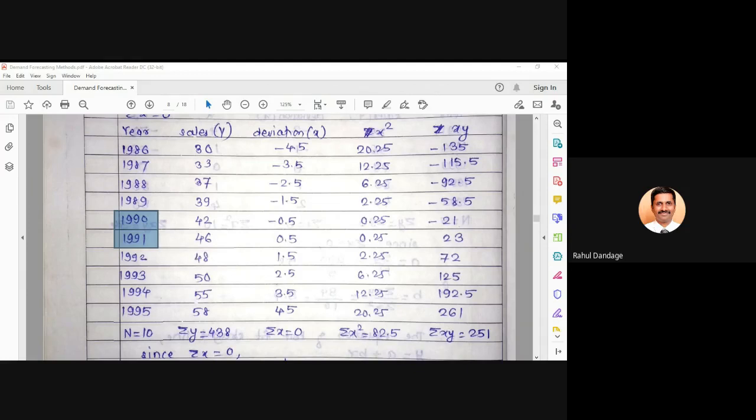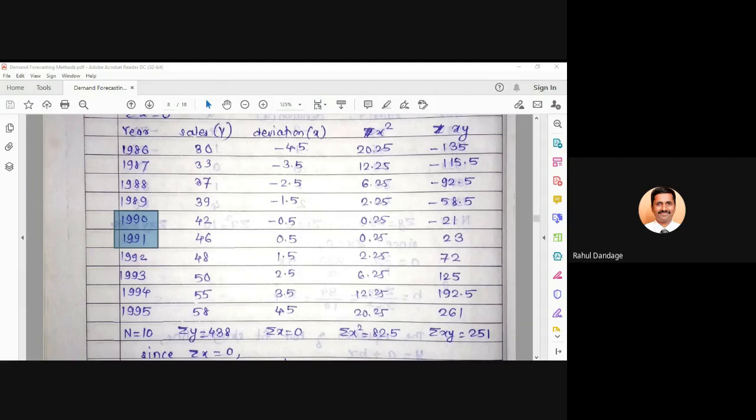So these are the two central periods because there are four periods on one side, 86 to 89, and the other four periods, 92 to 95, on the other side. So period number 5 and period number 6 are at the center. Midway between them you will have your origin, between 1990 and 1991. So midway means it is 1990.5.